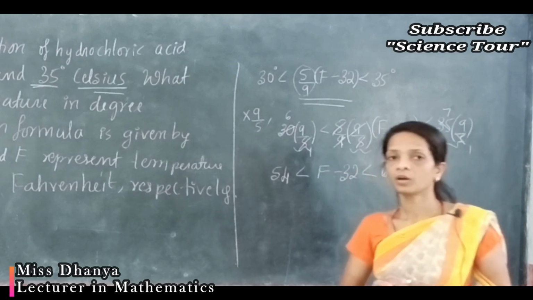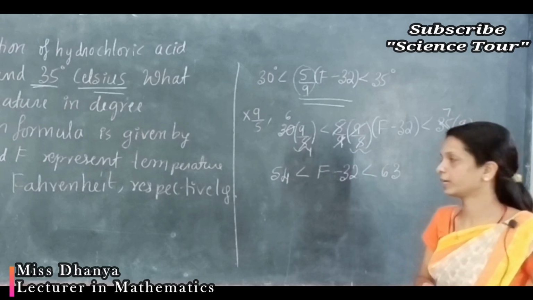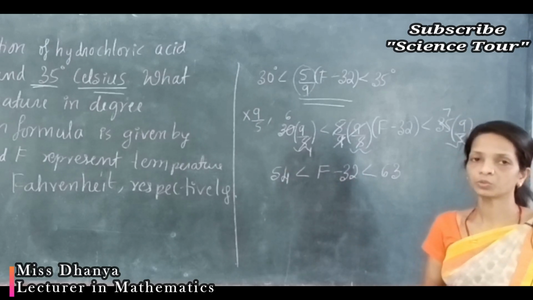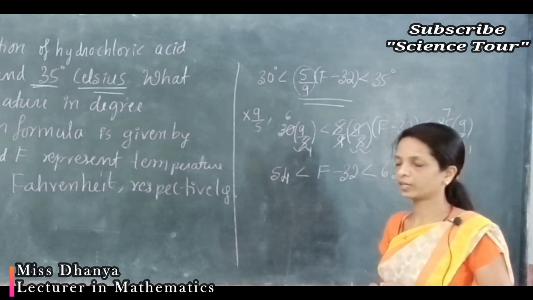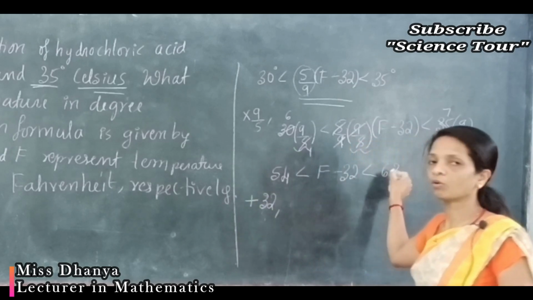Now you have to keep only F in the middle of this double inequality. With that, you have minus 32. To cancel that, you have to add plus 32 on each side of the inequality.